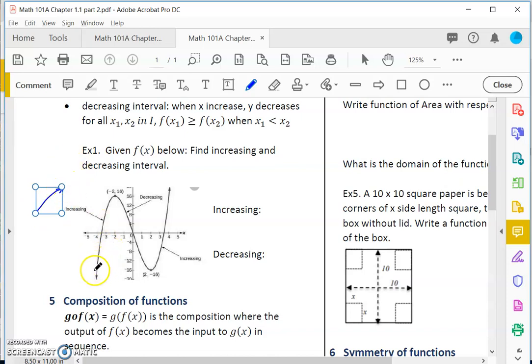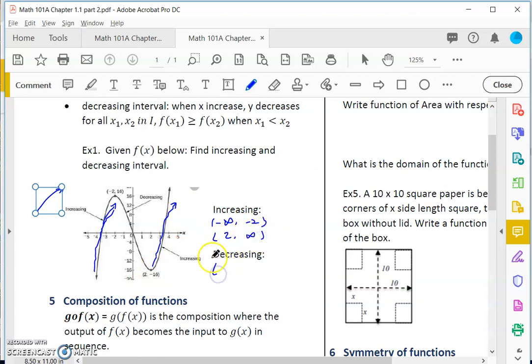You can see that this part of the function, they're all going up, right? This side is also going up. From left to right it is going up. Whenever x is increased, y also increases. So we'll say these two intervals are increasing. So start from negative infinity for x up to this point, negative 2. It's also increasing starting from x value 2 to infinity.